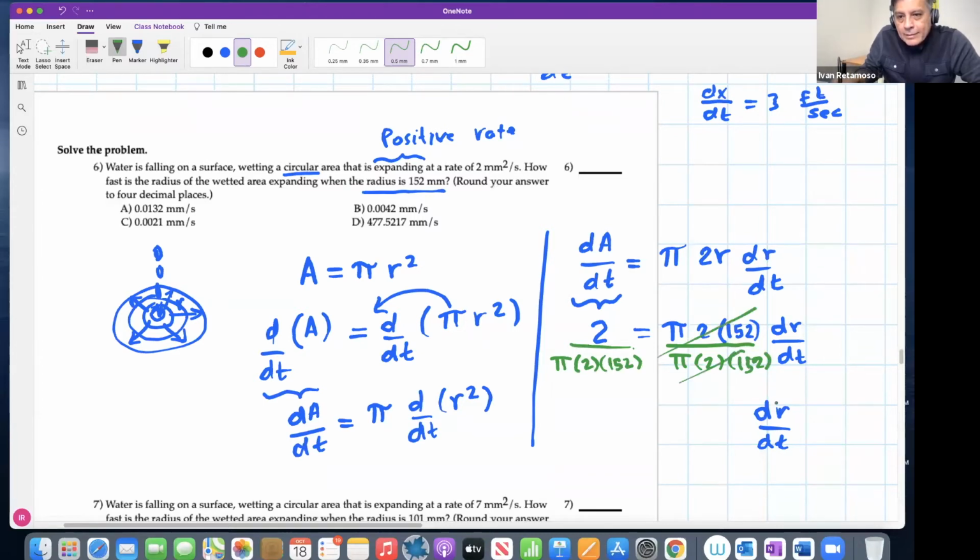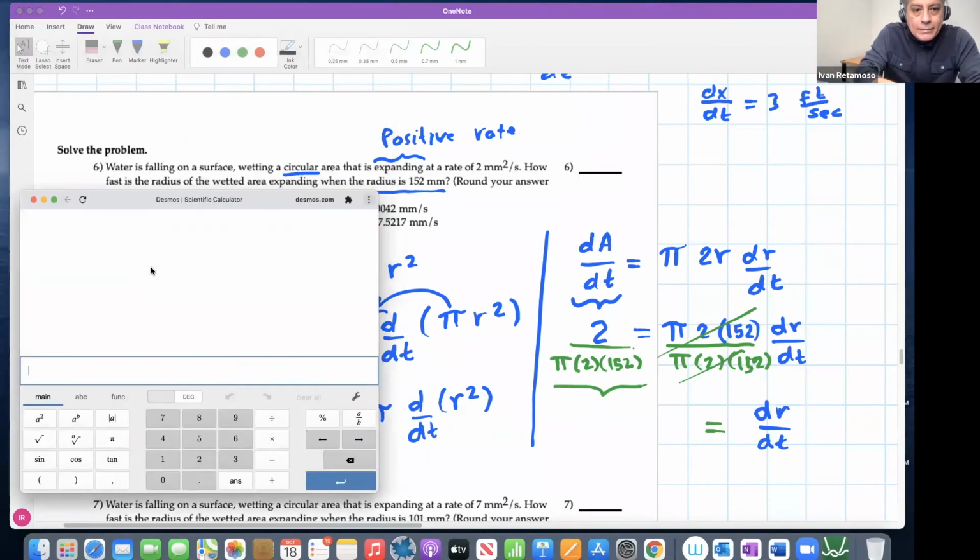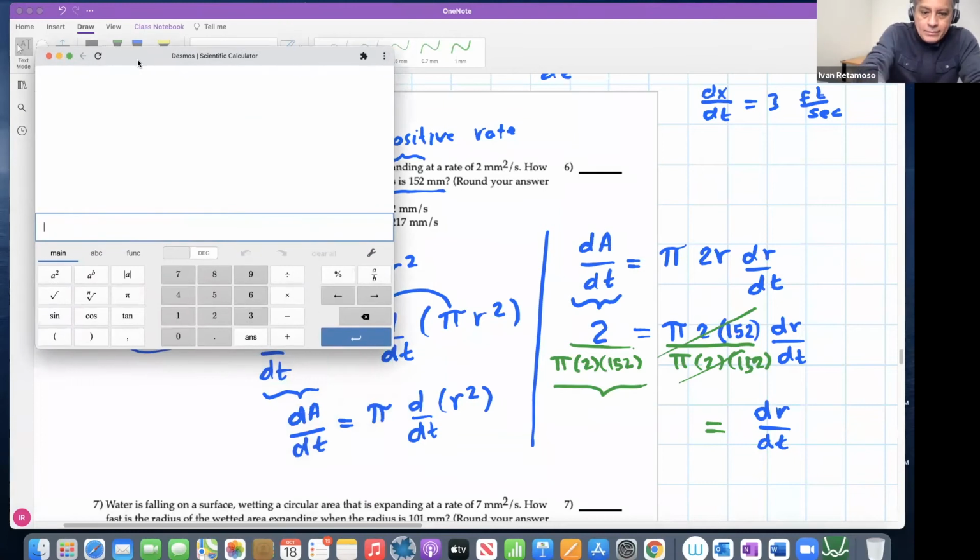This will cancel this. dr/dt should be equal to this. Let's take our calculator and follow the instructions. They say round your answer to 4 decimal places. So we do 2 divided by pi times 2. Notice how I'm using parentheses, so I don't have to write the multiplication symbol. 152.